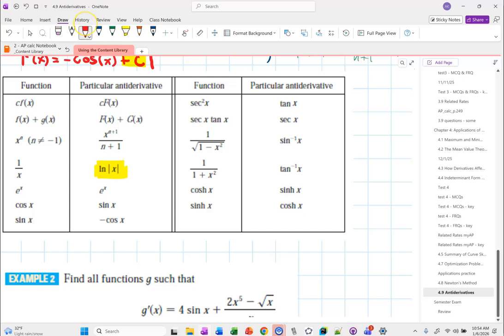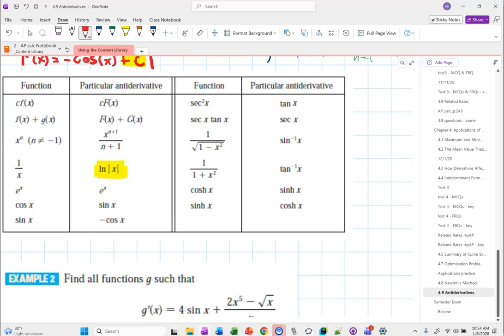Okay. Now, in general, this process is much more difficult than taking a derivative, because there are functions where you can take the derivative rather easily, but there is no formula to do the antiderivative for it.